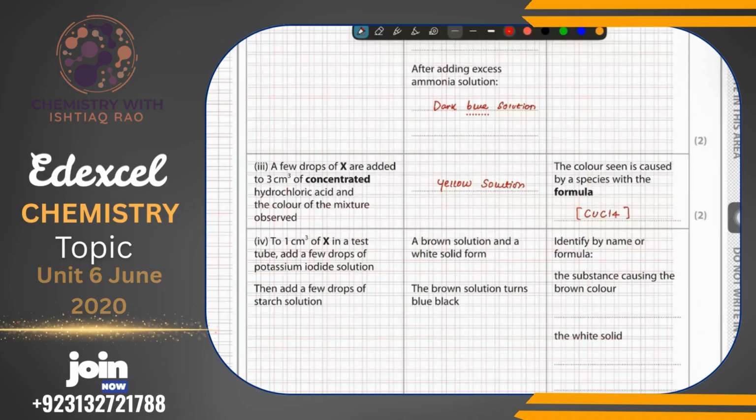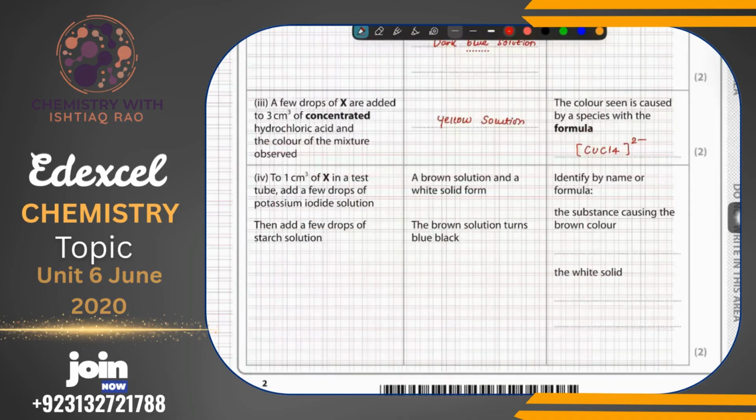To 1 cm cube of X in a test tube, add a few drops of potassium iodide solution. Iodide means it is going to lose its electrons, so it is getting oxidized. So it's a reducing agent. Potassium iodide is a reducing agent.